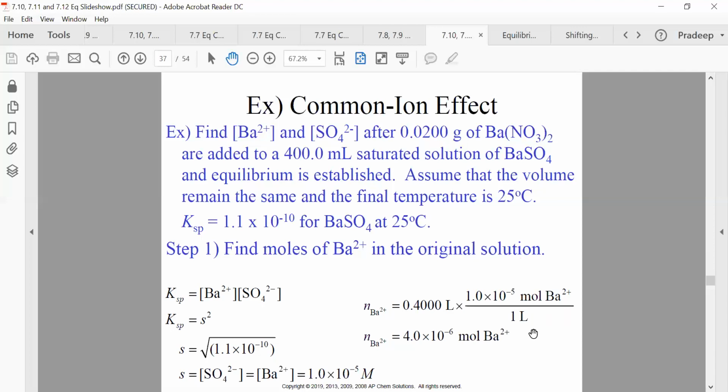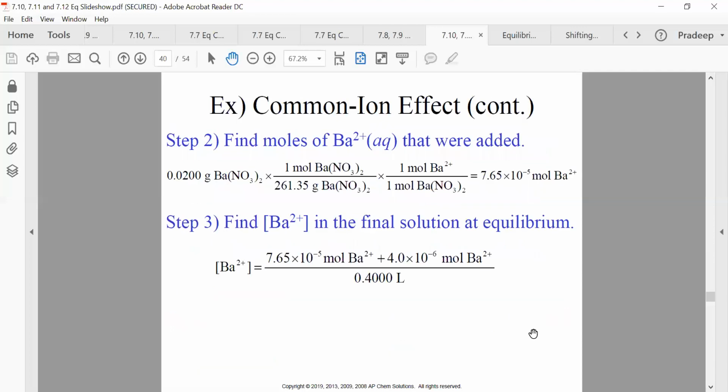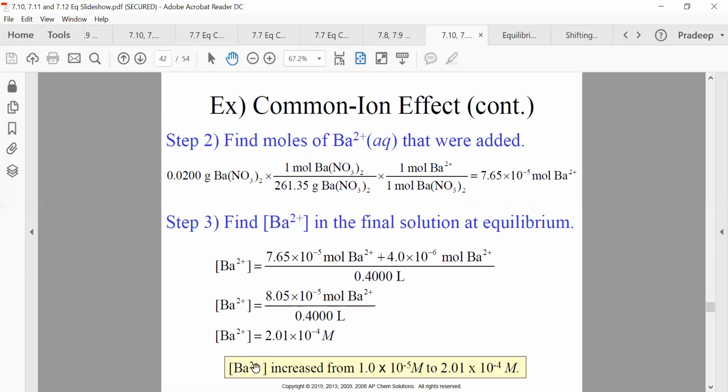Okay. And then find the number of moles of barium that was added, and then you will find that. And then we can find the concentration of barium ion using the same formula. So barium ions increase from this to this.